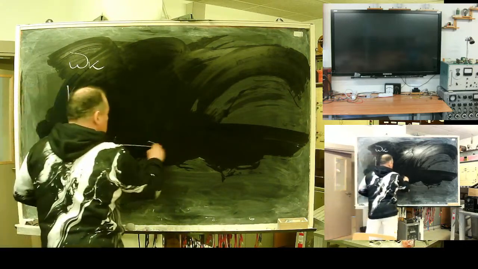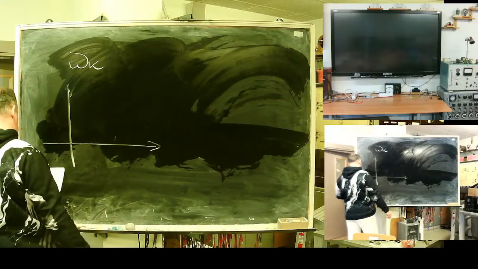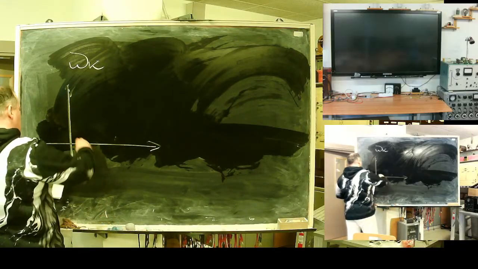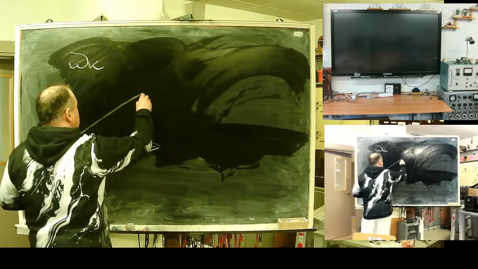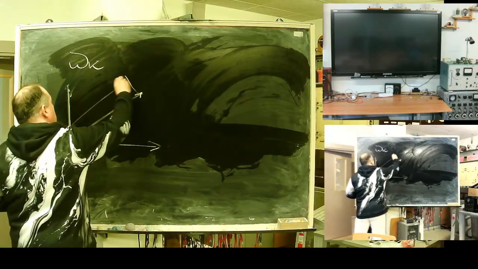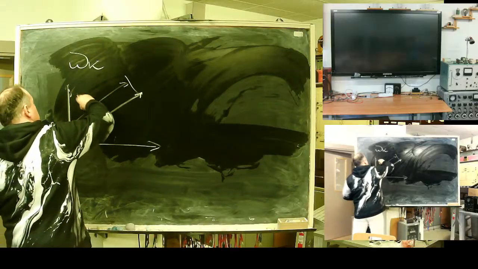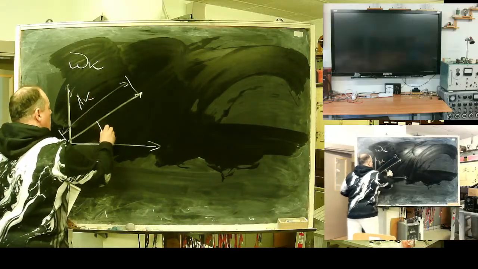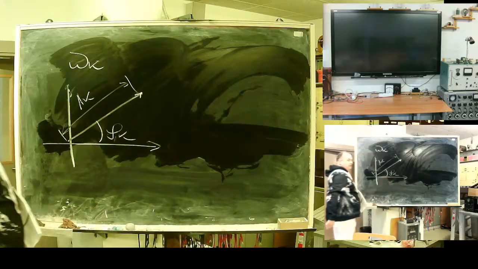I can draw a system of coordinates. So, at any moment, I have a vector with magnitude ak and angle phi k.